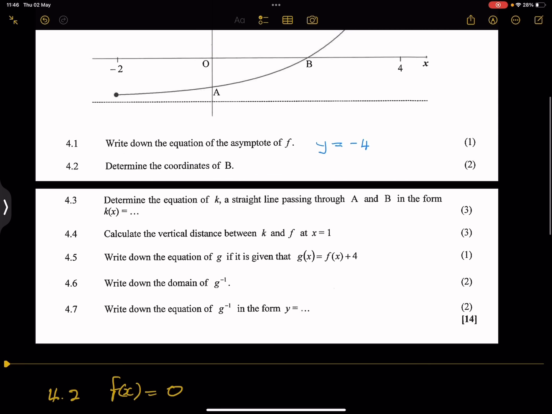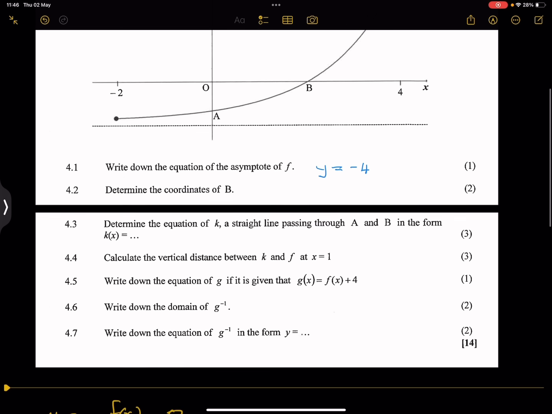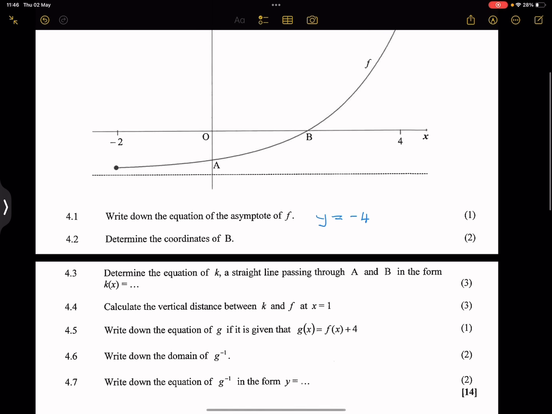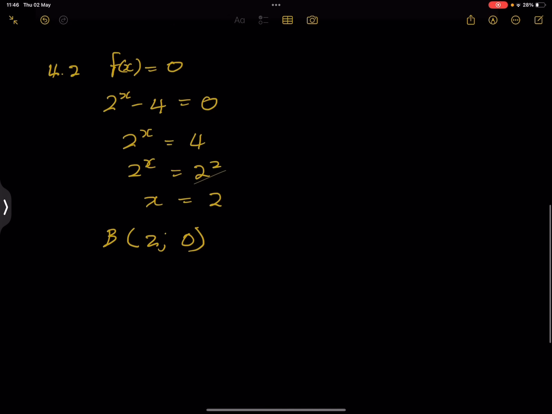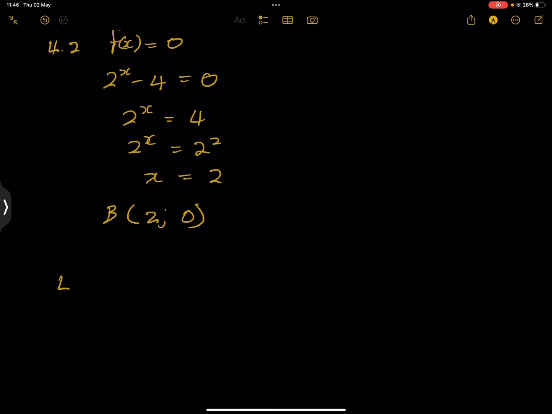So they say determine the equation of k, a straight line passing through A and B. So A is the y-intercept of our graph, and this is where x is equal to 0. Now, if we take our y-intercept, I'm going to take 4.3 over there.